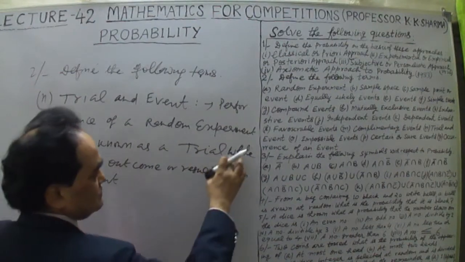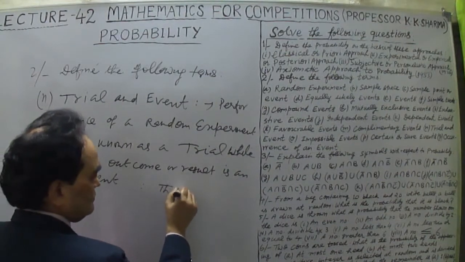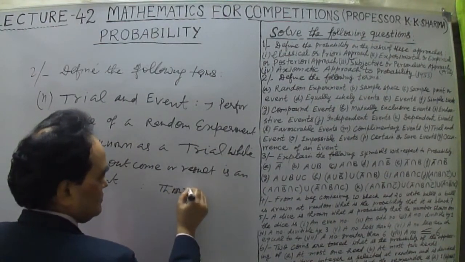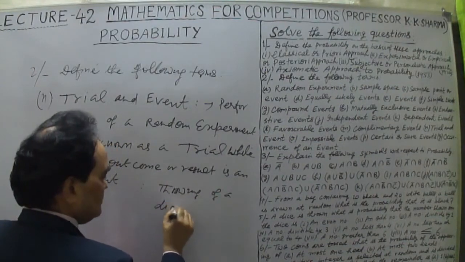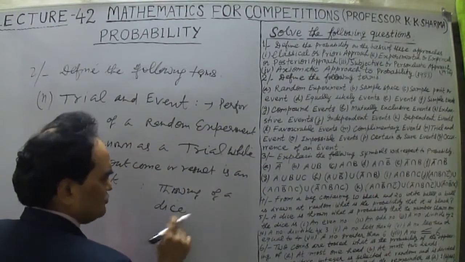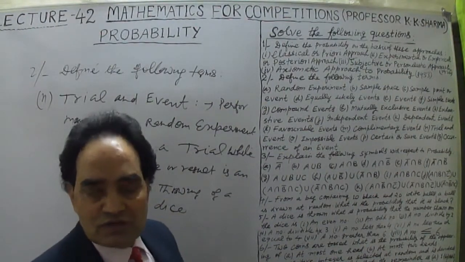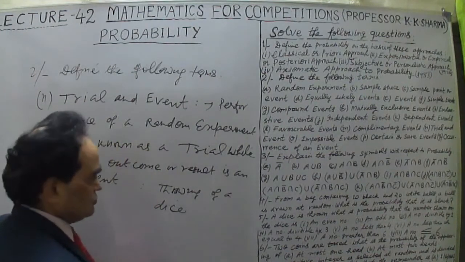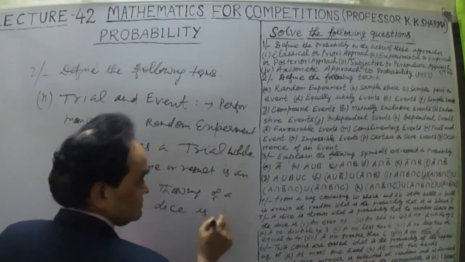Okay, so for example, throwing of a die or dice. Let me take dice. Dice is mostly written, but die is the proper word. Die is singular and dice is plural. So the throwing of a dice is a trial.